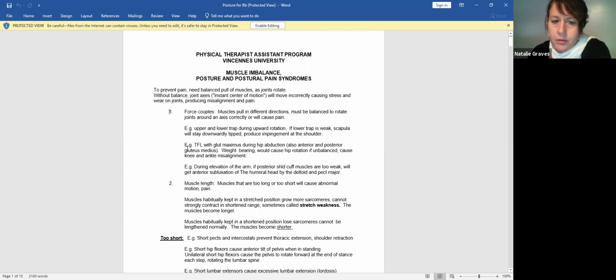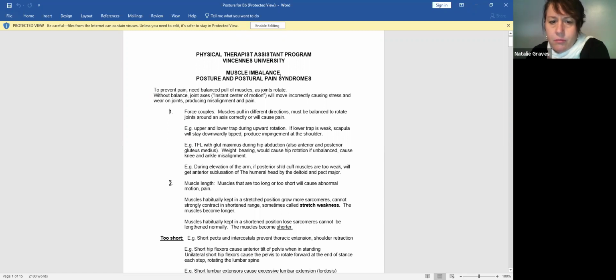Some other examples here, the TFL, the tensor fasciae latae, with the gluteus maximus during hip abduction. During weight bearing, it could cause the hip to rotate in an unbalanced manner, which will misalign the knee and the ankle joint, and then therefore can create pain for the patient.